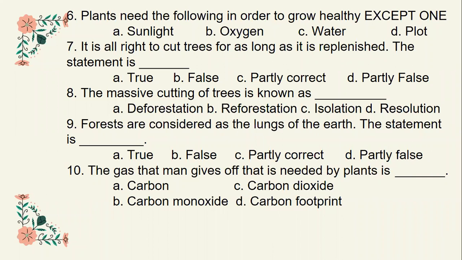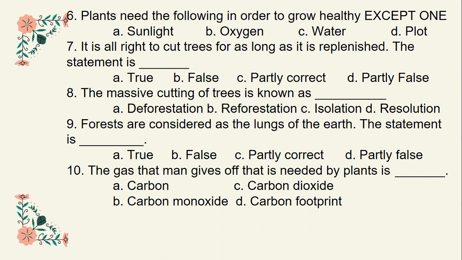Number 6, plants need the following in order to grow healthy except: A, sunlight, B, oxygen, C, water, D, soil. Write the letter of your answer. Number 7, it is all right to cut trees for as long as it is replenished.